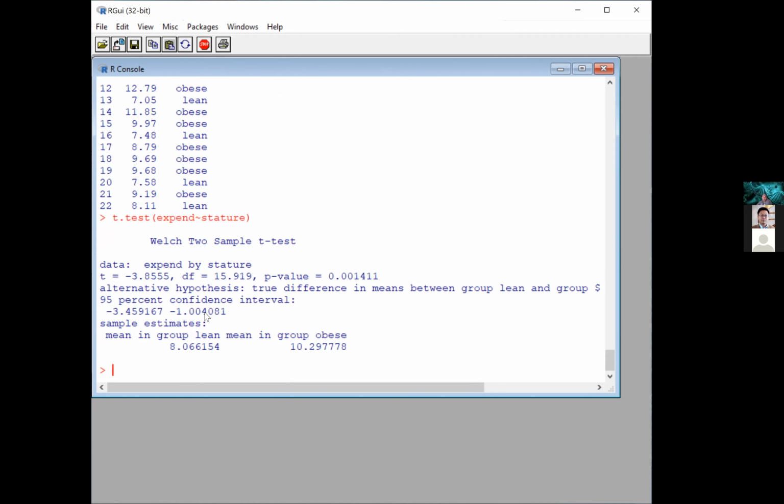P-value is very low. I'm not going to ask Mr. Davis anymore. I'm not going to ask anybody else, but you can infer from that p-value which hypothesis is correct. And if you don't understand, let me know. I'm glad to go over it again.